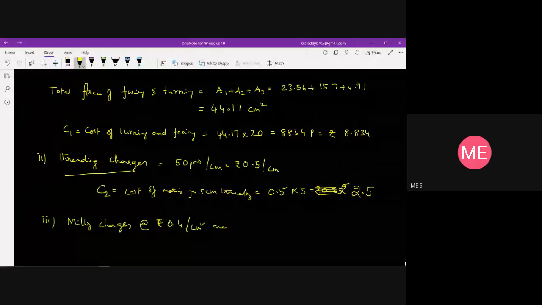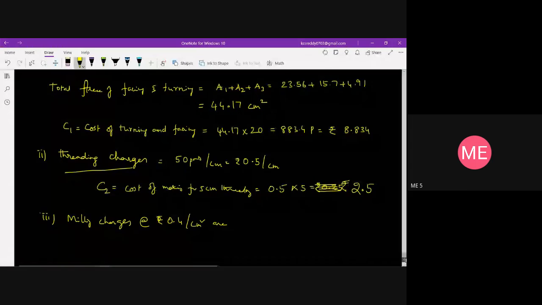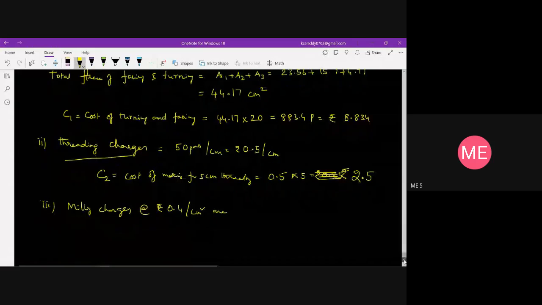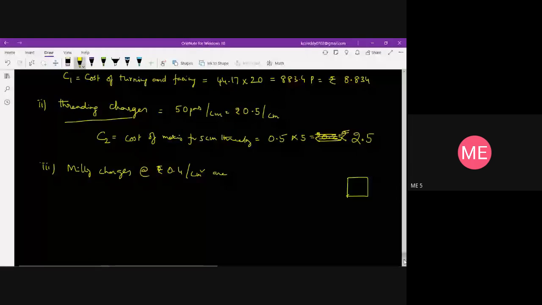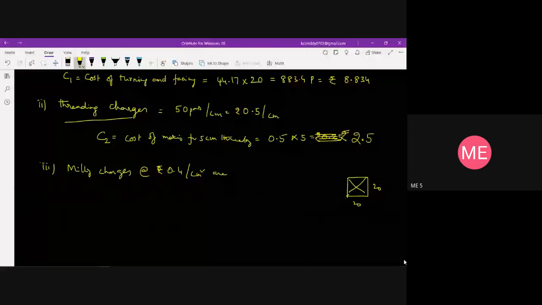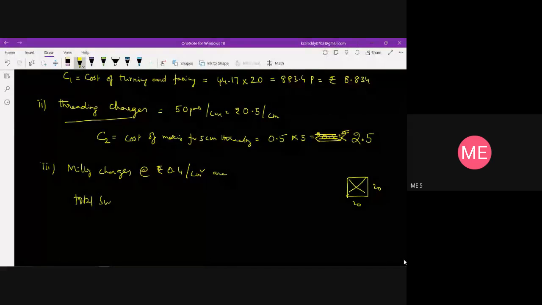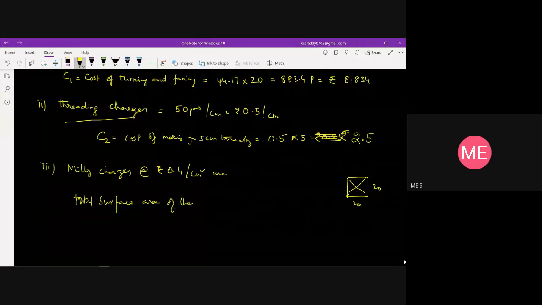Then where the milling takes place is on the square head portion. On the right side, we have the square head portion like this, where it is 20 by 20. Milling is done on this area, so the surface area we need to calculate here. So for milling charges, we need the total surface area of this plug.